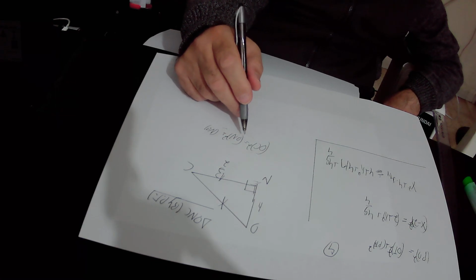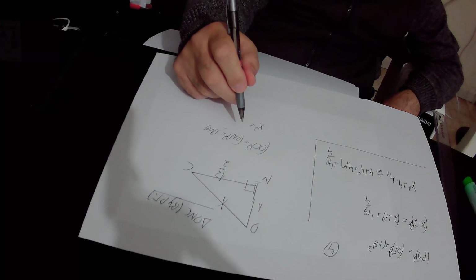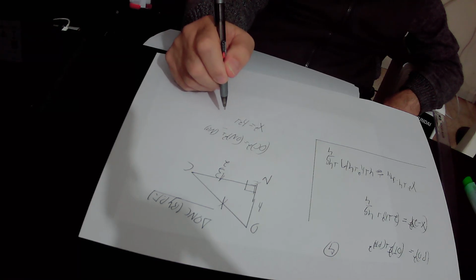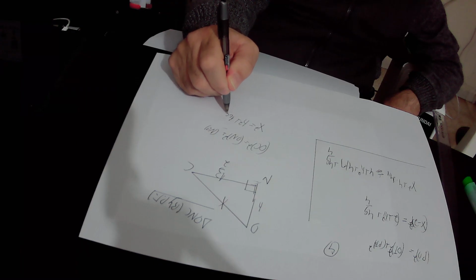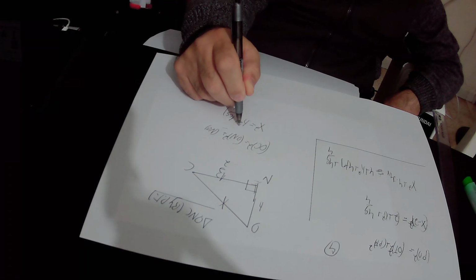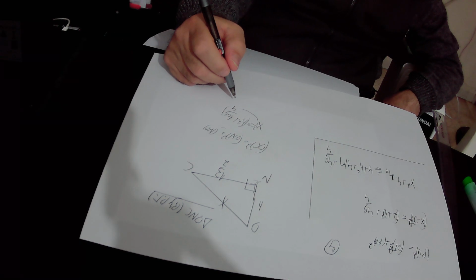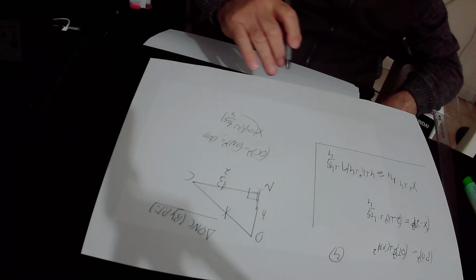OC is x, therefore OC squared is x squared, which equals ON squared. ON is h, therefore ON squared is h squared, plus NC squared. NC is 13 over 2, therefore NC squared is 13 over 2 squared, that is 169 over 4. Again, x squared equals h squared plus 169 over 4.